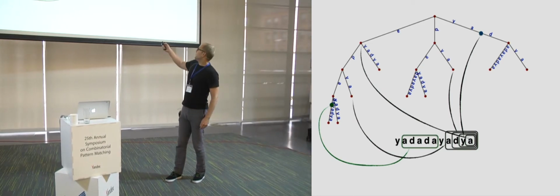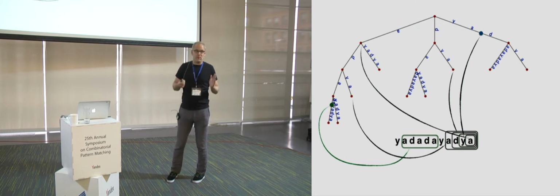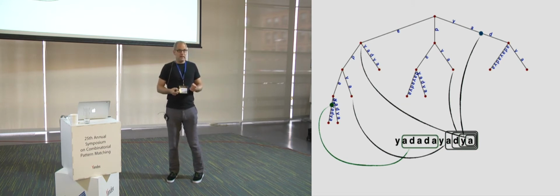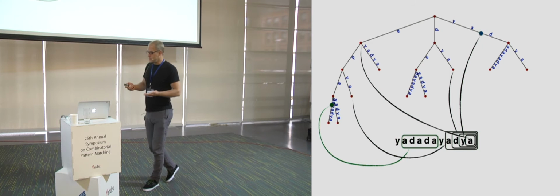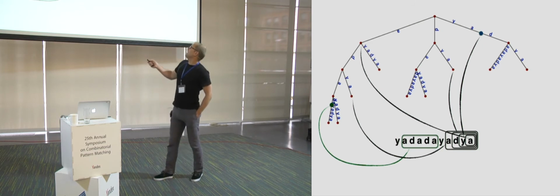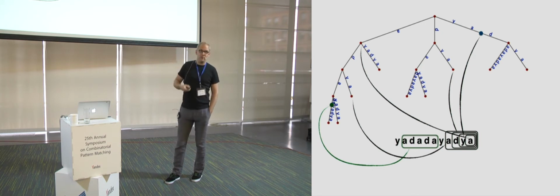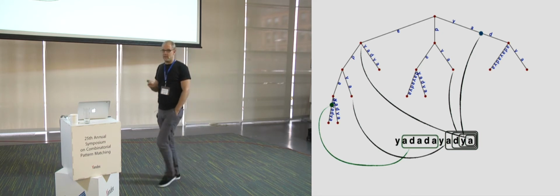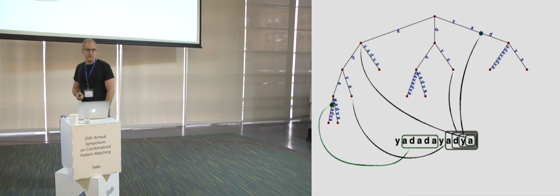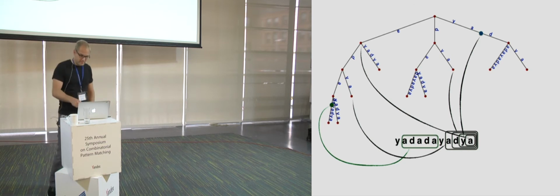So we just walk down from the root and find the pattern in the tree, requiring that we can do the choice between characters at nodes in constant time, which we can do if we have a constant size alphabet or if we use hashing. So we assume that.